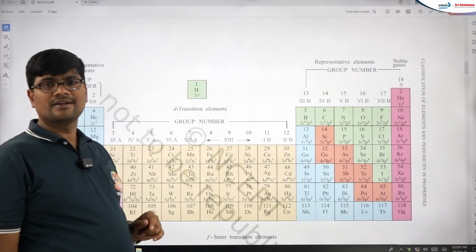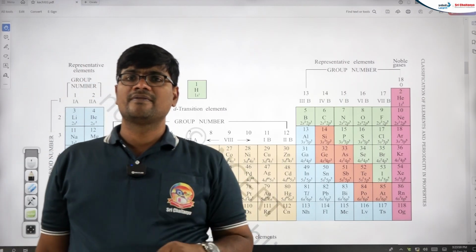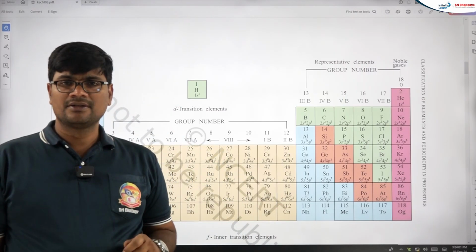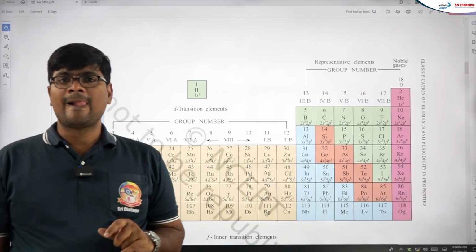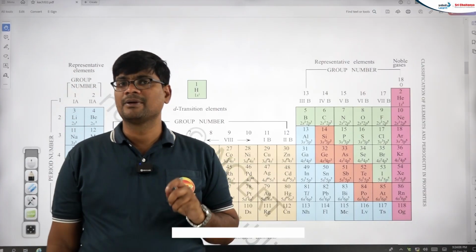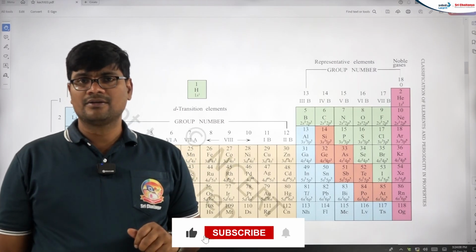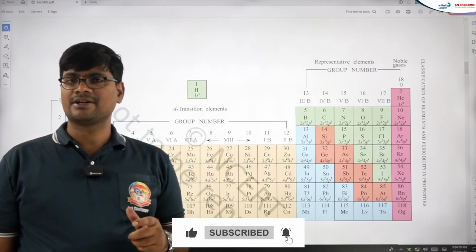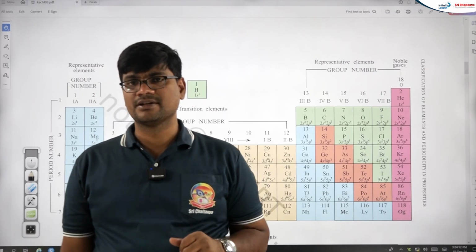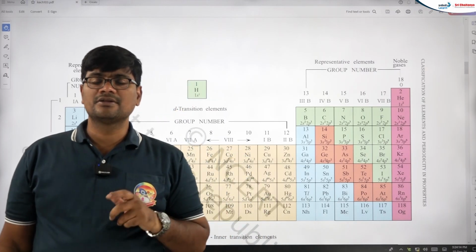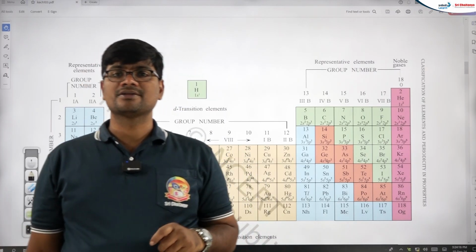That's why they are also called transition elements. In the modern definition, transition elements should have at least one incomplete d orbital, in either the neutral state or any of the stable oxidation states. That's why zinc, cadmium, mercury are not considered transition elements.